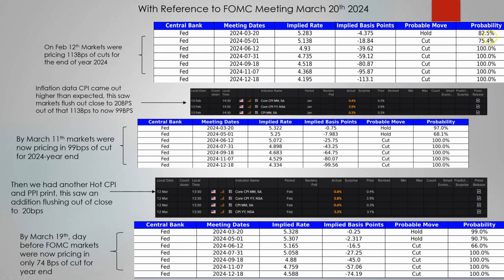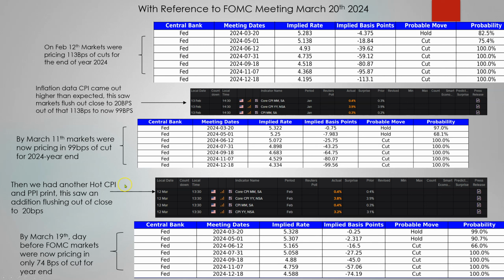Markets were pricing in 82% of a hold for the March meeting. For the May meeting, they were pricing in 75% of a cut. Now markets changed from a cut to a hold for the May meeting, and they also reduced their probability from 75 to 68%. So you can see how this data impacts the pricing that we usually get.